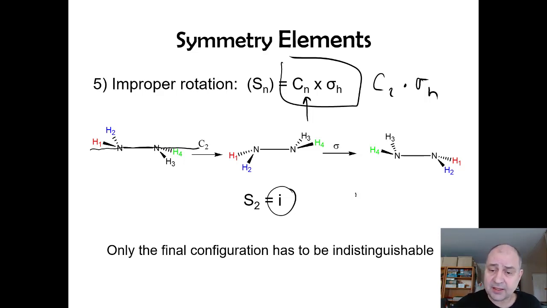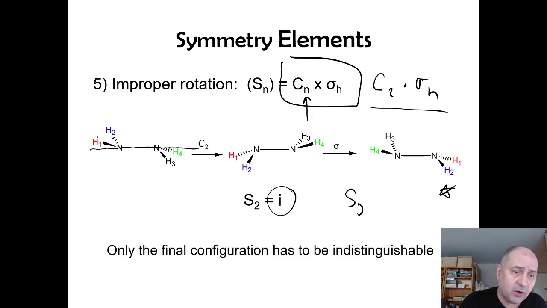So if we had something like an S3 or an S4, that doesn't mean that that symmetry element is standalone. It's just once you've performed both of those operations, the combination, if it ends up being itself again, then we have an improper rotation. So if you look at that C2 I drew through the nitrogen-nitrogen bond, and let's follow that hydrogen here, it would point down now, okay? And so that's true for all four.